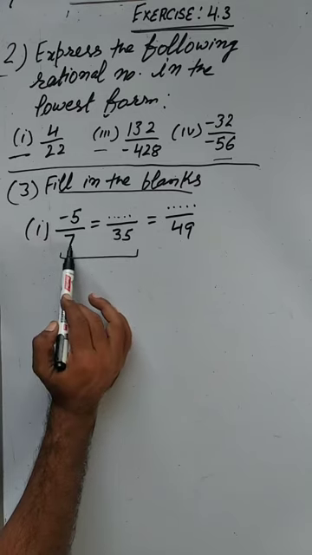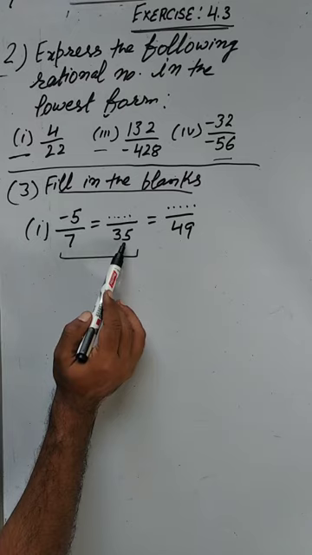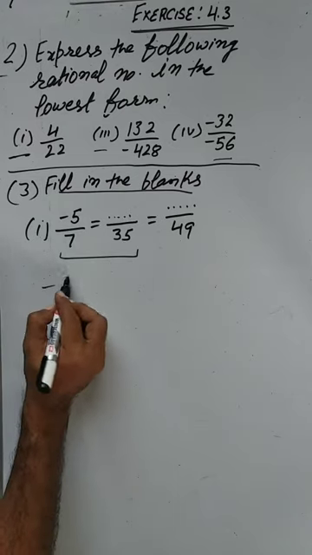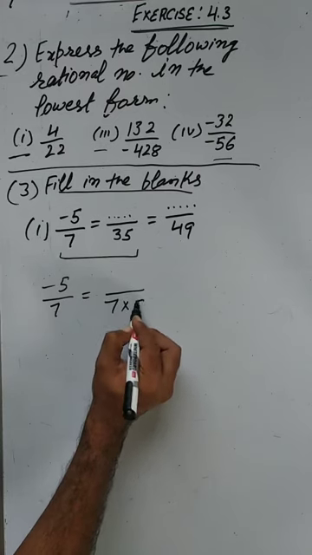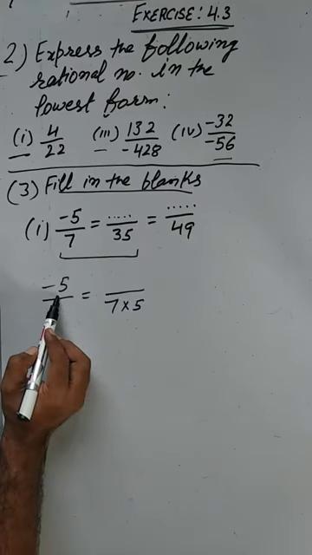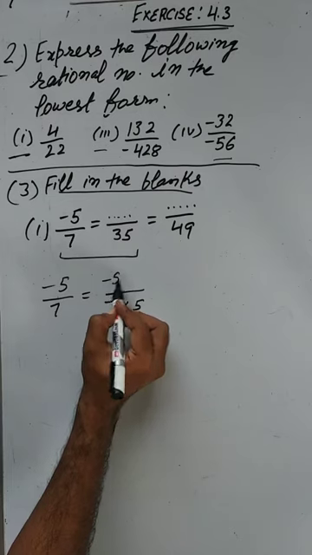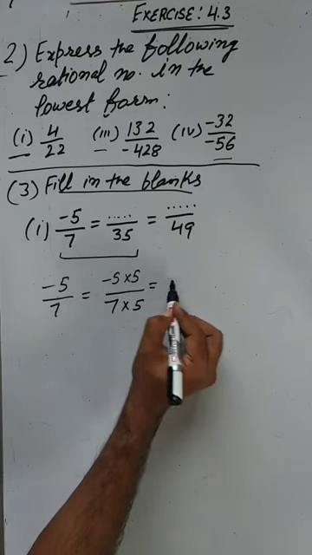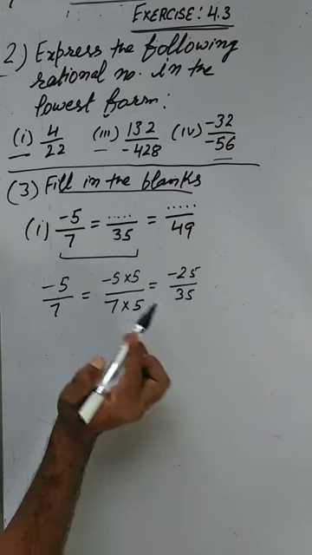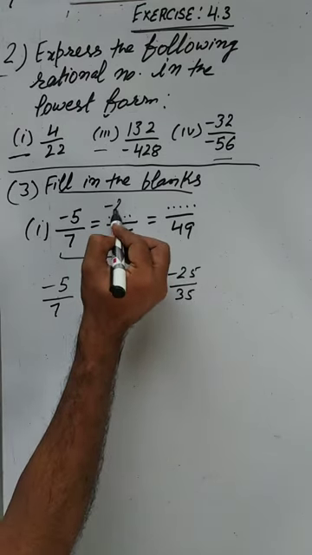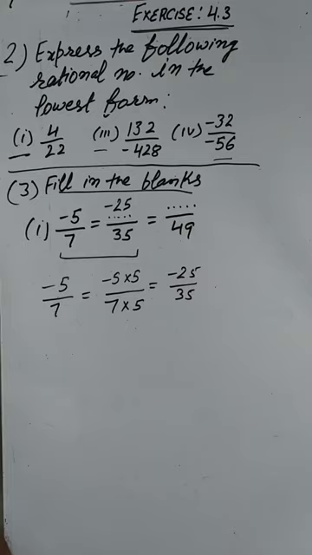How can we change 7 into 35? 7 multiplied by 5. With the same number you have to multiply the numerator. Minus 5 multiplied by 5, 5 5s are 25 upon 35. So in the first blank it is minus 25.